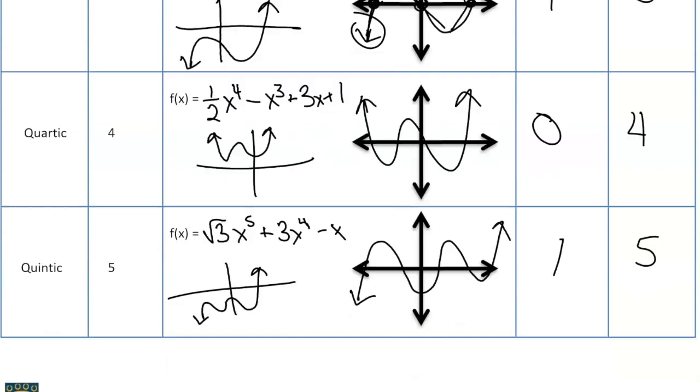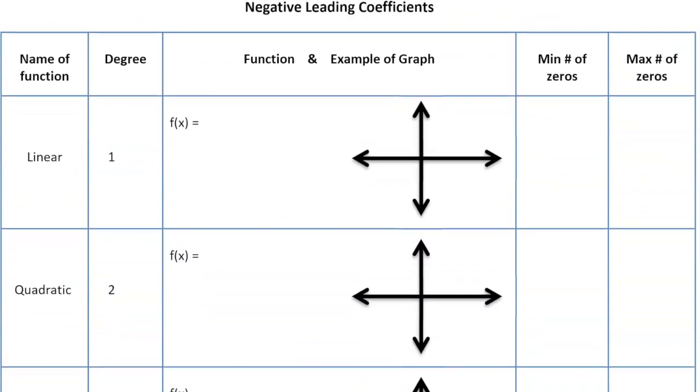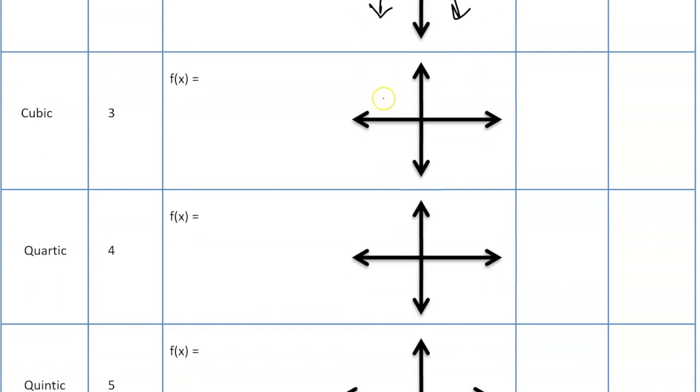Okay, so each of those were positive leading coefficients. If you have a negative leading coefficient, we're going to whip through this pretty quickly. The first thing is that you would have a negative linear relationship. A parabola would open down. A negative cubic function would now be in quadrant 2 and quadrant 4 for its end behavior, so it could look like that.